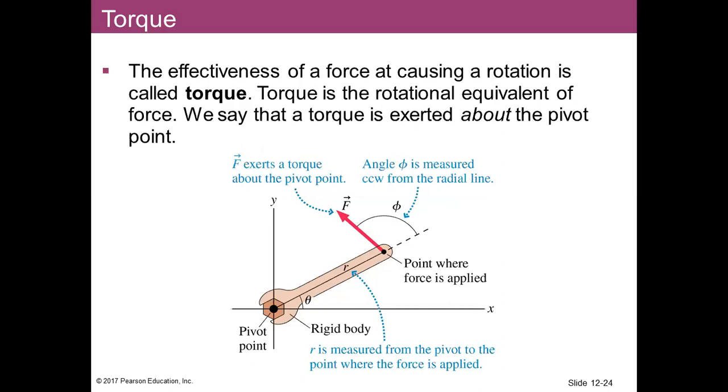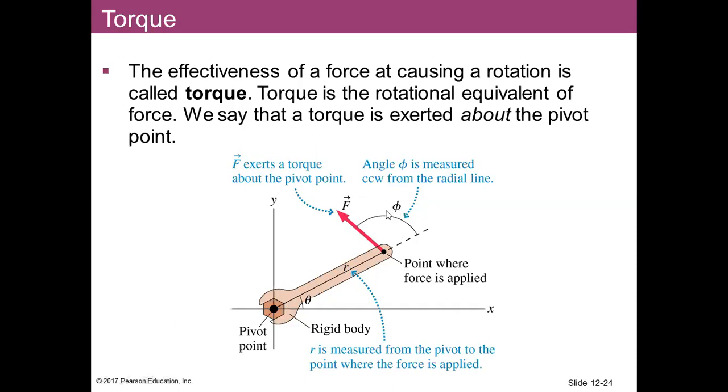We say that a torque is exerted about the pivot point, as you can see here on this wrench. So the pivot is here, the point at which the nut is rotating. Then the force that has the biggest effect is when the force is acting perpendicular to the surface of the wrench.